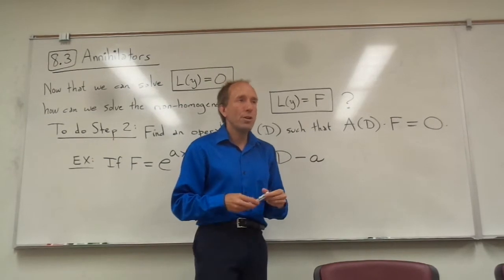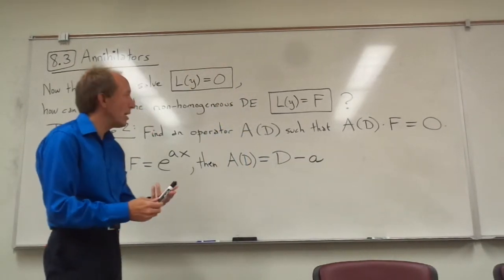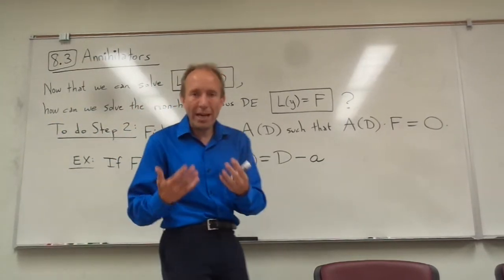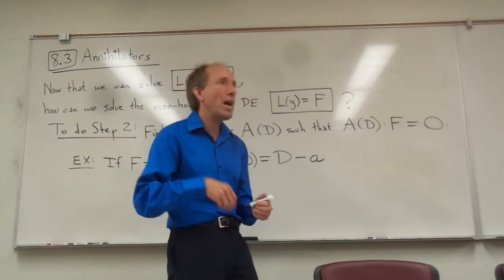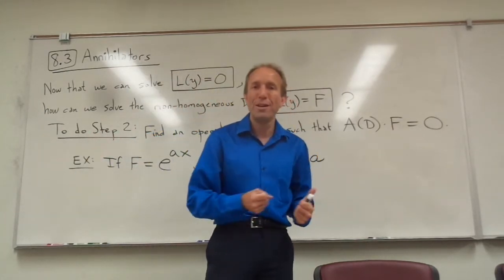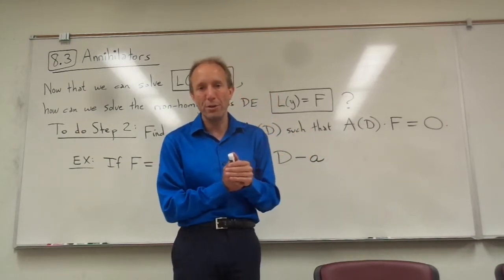So I've talked so far about polynomials, about sine and cosine, and about e to the ax. I'm going to give you a table of annihilators. You're not going to have to memorize what annihilator you need to use for what function, because I'm going to give you that table that shows you what those annihilators are.